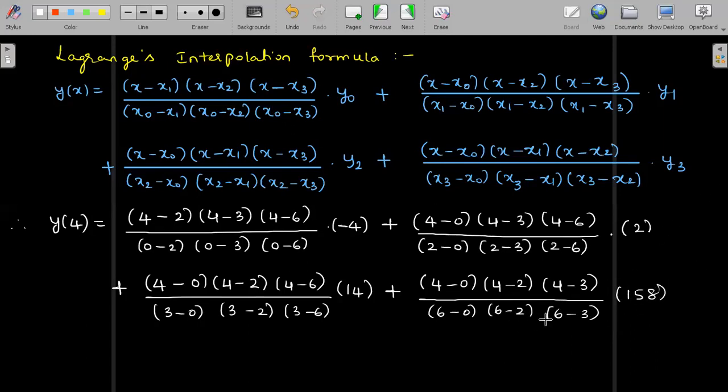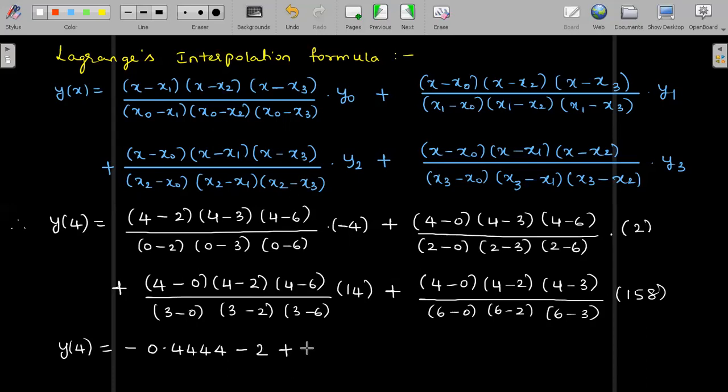Now using the calculator, each of these terms can be evaluated. So we have y of 4 is equal to, first term is minus 0.4444. I have rounded off each of my values to 4 decimal places. Second term would lead to minus 2.